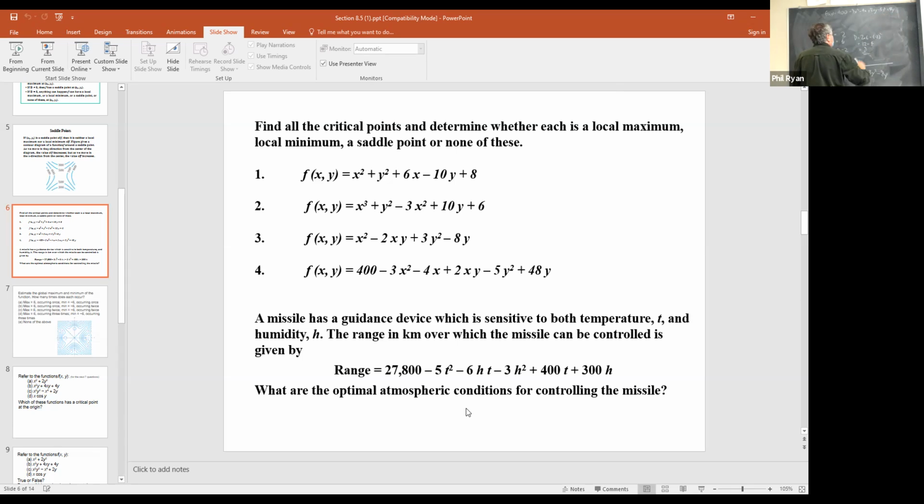Okay. Fx, we just go through, that goes away, minus 6x, minus 4, plus 2y, 0, 0, because they're constant.